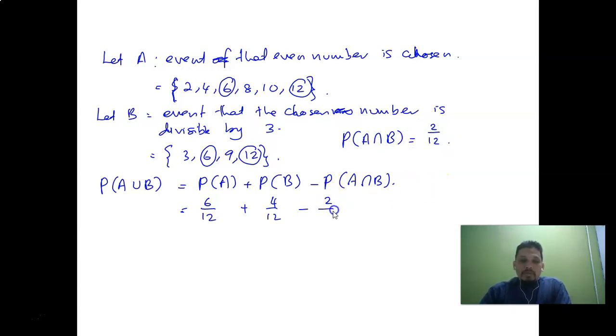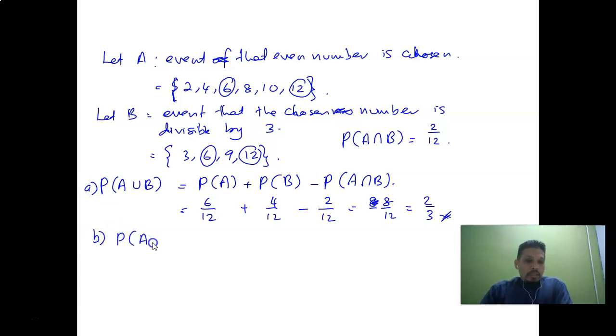Write down here 2 over 12. Then 6 plus 4 equal to 10, minus 2 equal to 8, so 8 over 12, which is equal to 2 over 3.